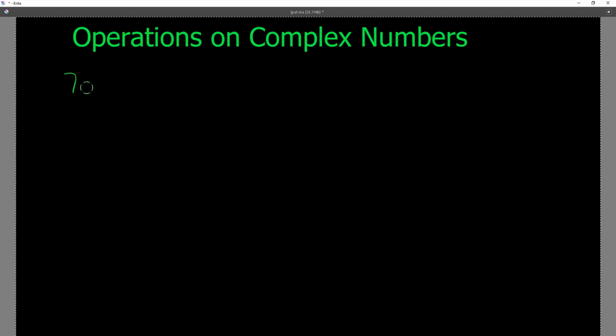All right, let's go on to do the subtraction. If I have the same thing, so 7 plus 4i minus 5 minus 6i. Okay, so remember the subtraction means you take this thing here, subtract the thing in the back, right? Instead of adding, you're subtracting. So 7 minus 5 is 2.